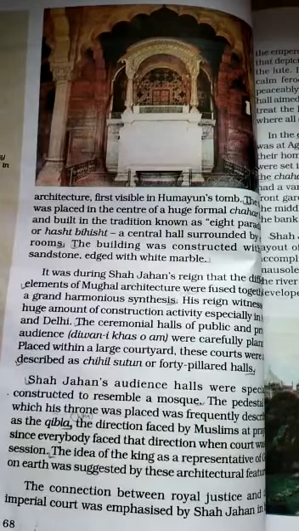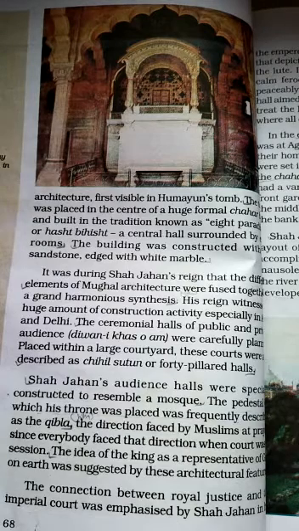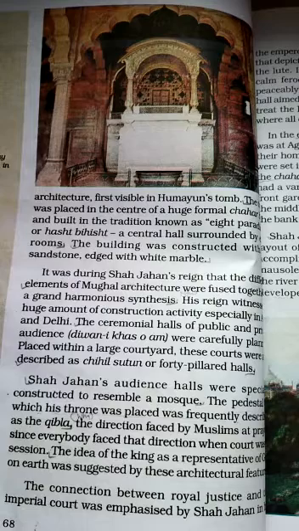During Shah Jahan's reign, elements of Mughal architecture were fused together in a great harmonious synthesis. How is that? The ceremonial halls of public and private audience, Diwan-i-Am and Diwan-i-Khas, were carefully planned and blessed with large courtyards. These courts were also described as Chihil Sutun, or forty-pillar hall.